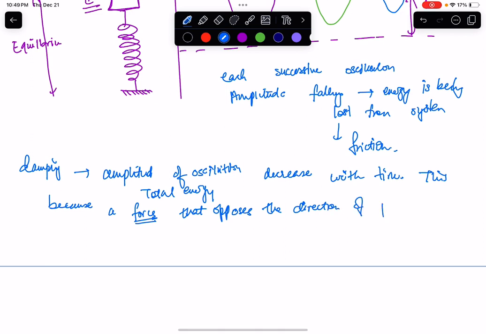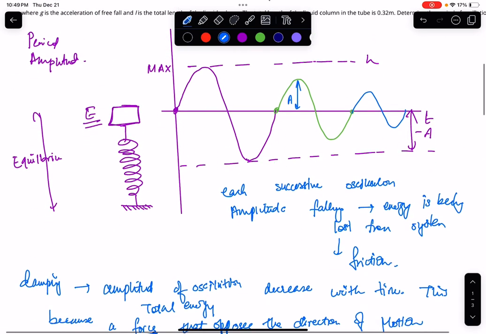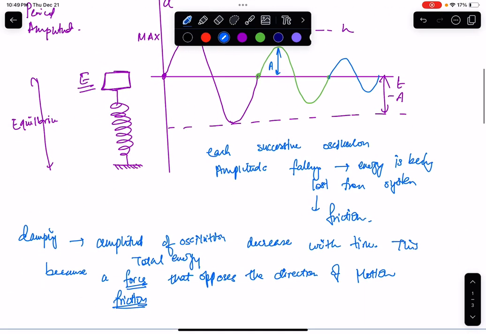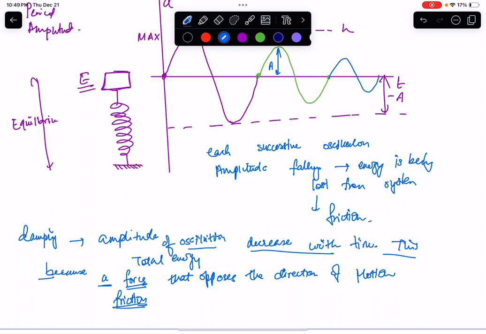So there's a force that opposes the direction of motion, and you can think of this as any sort of friction force. Damping is when the amplitude of oscillations decreases with time, and this is because there is a force that opposes the direction of motion.